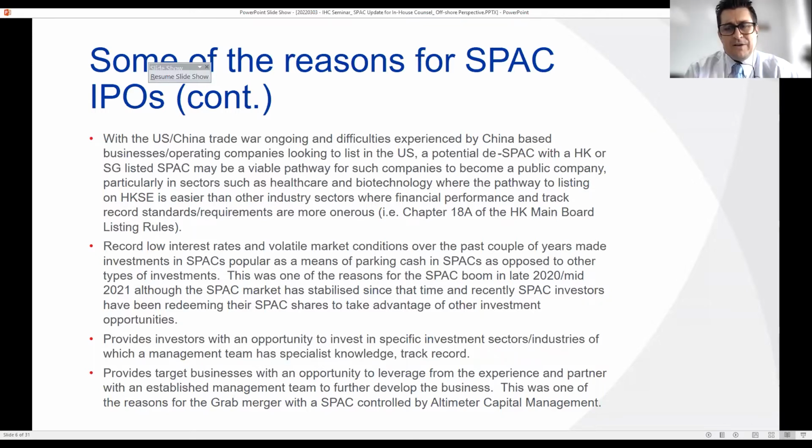And so certainly for some sectors where the Hong Kong exchange has indicated that it is looking to increase the number of public companies listed on it, such as the biotechnology sector, where the exchange has recently amended its listing rules to permit biotechnology companies to list by way of an easier pathway under Chapter 18A. Those sorts of companies will be the sorts of companies we would expect to be potential de-SPAC targets for SPACs which are listed in Hong Kong.